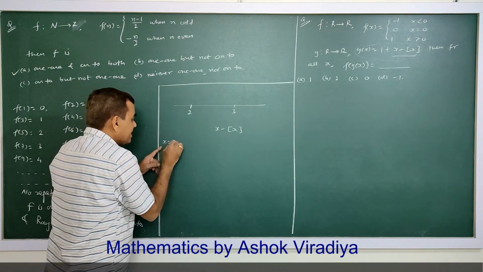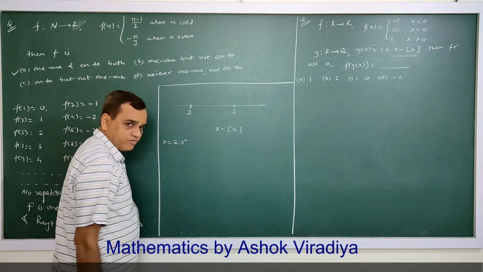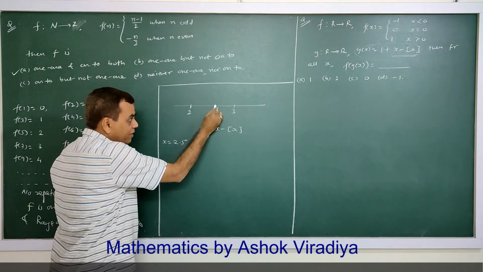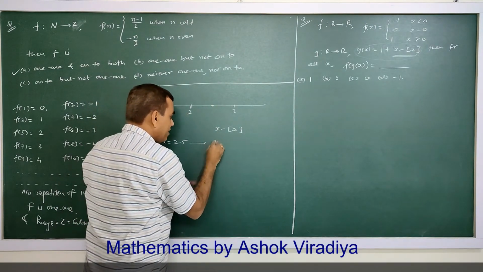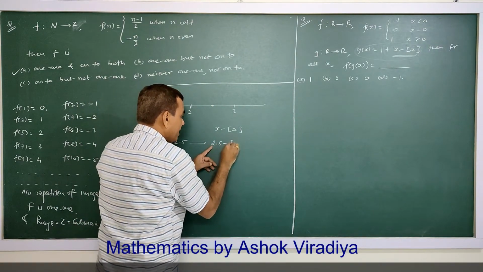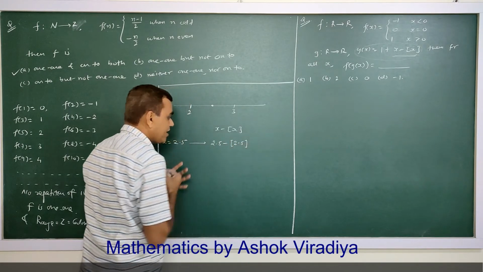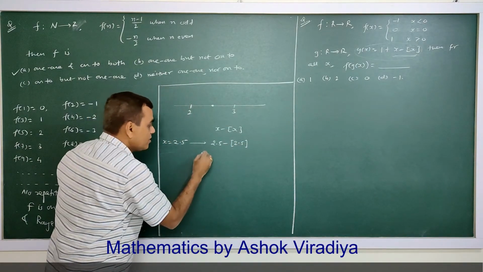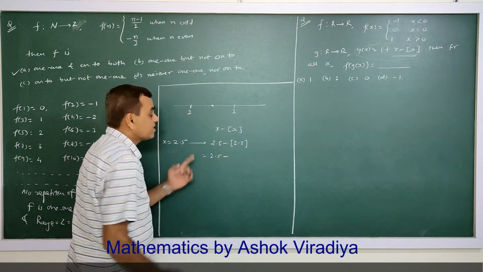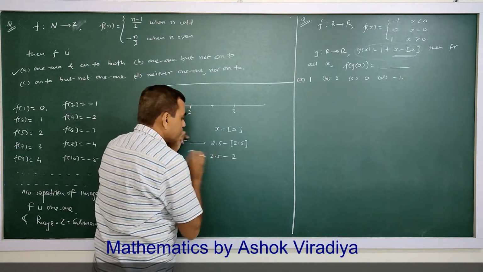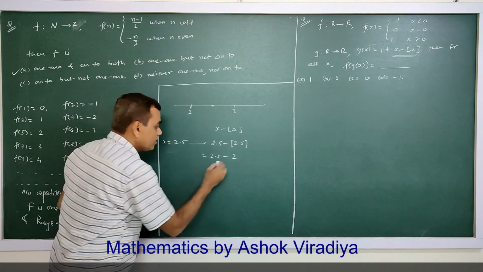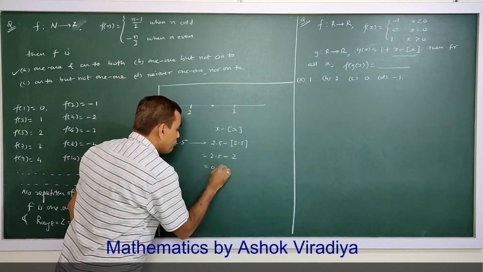Suppose I put x equal to 2.5. So 2.5 minus the box value of 2.5, which is 2. So this is 0.5.